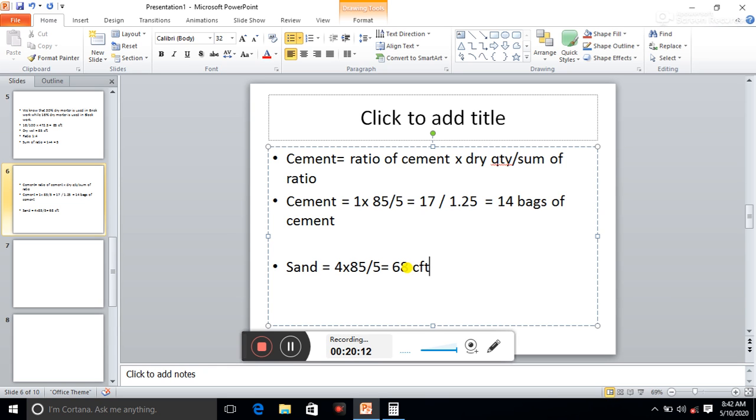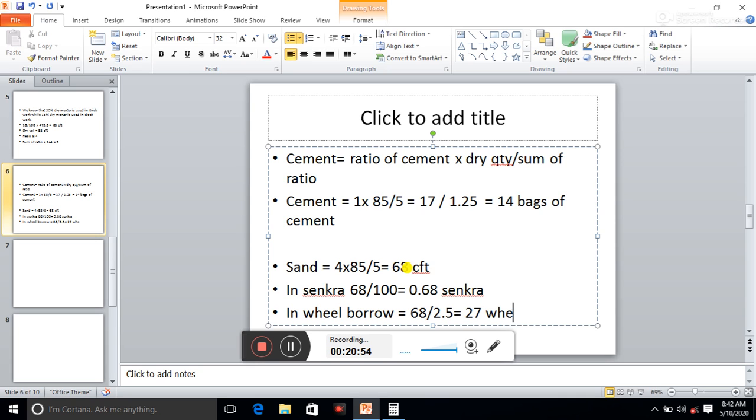In Sekla it equals 68 divided by 100, which is 0.68 Sekla, and in Wilboro it equals 68 divided by 2.5, which gives 27 Wilboro.